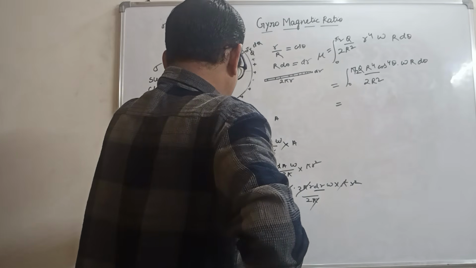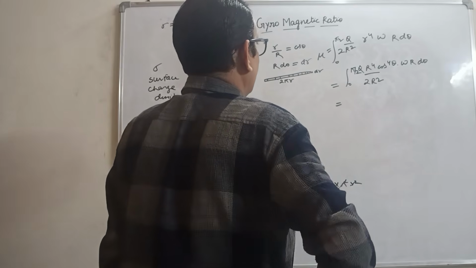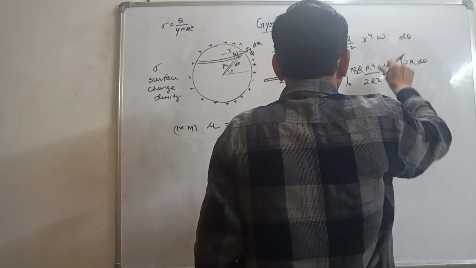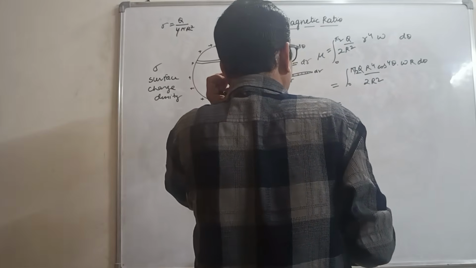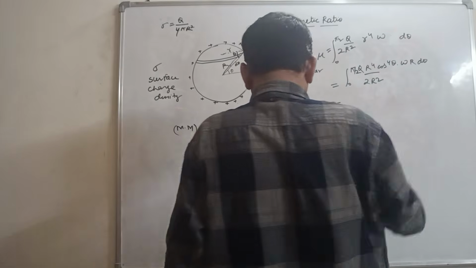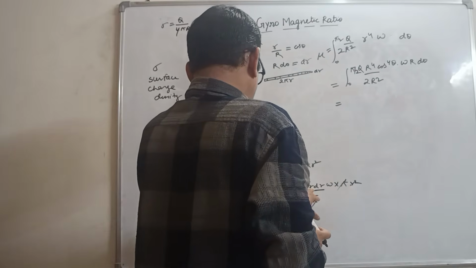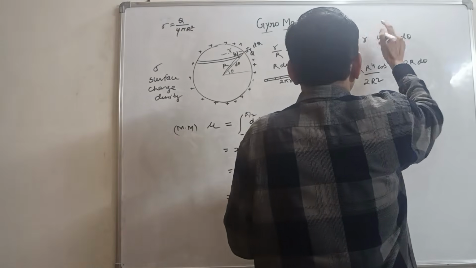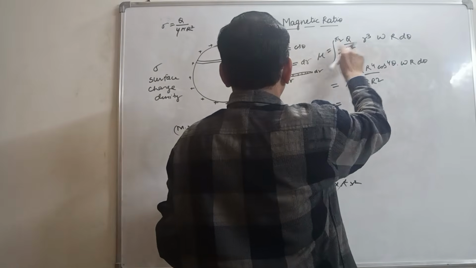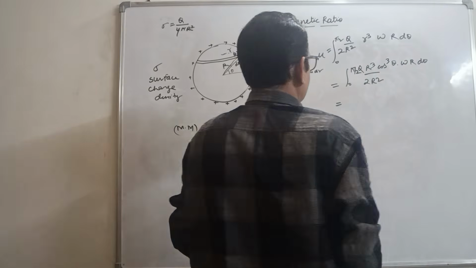Sigma is equal to q upon 4 pi R square, dA equal to 2 pi r dr. R will not be here, it will be r cube. This r power 4 comes, one r less, so here it becomes r cube, R d theta and R square, so R cube. This is r cube, and this becomes R d theta, so this is correct. Putting the value, this is cos cube theta, so this is correct.